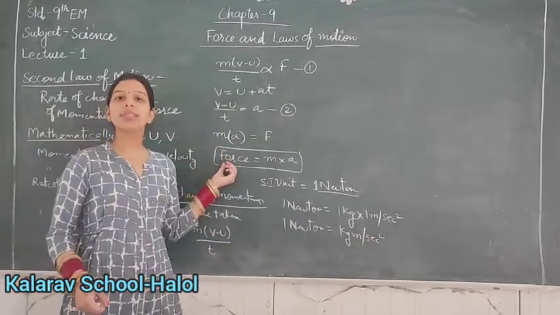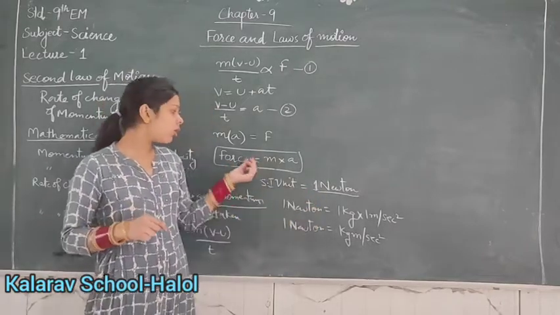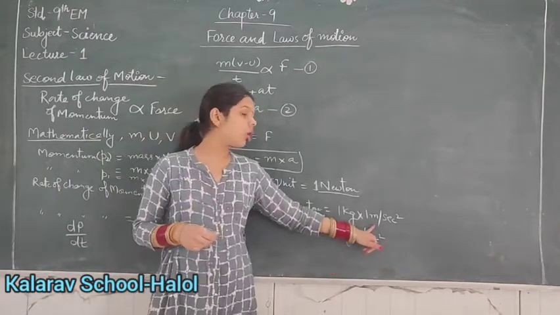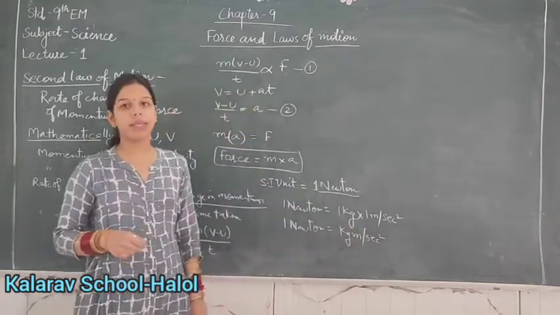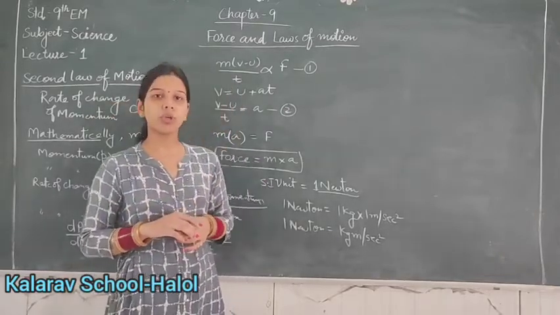The force is said to be 1 Newton when a body of mass 1 kg has an acceleration of 1 meter per second squared. This is all about Newton's second law of motion.